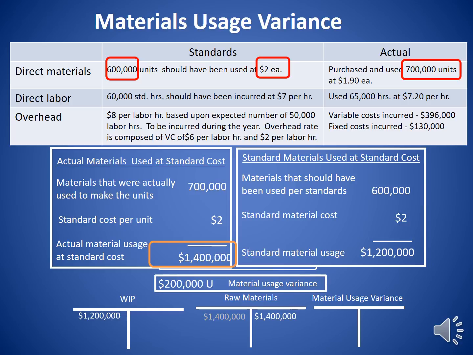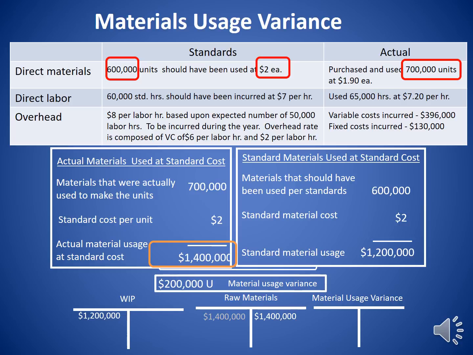We also know that the materials that we actually used were valued at $1,400,000. So we have to remove that amount from raw materials, and you can see the credit to raw materials of $1,400,000. And by the way, that leaves raw materials with a zero balance.